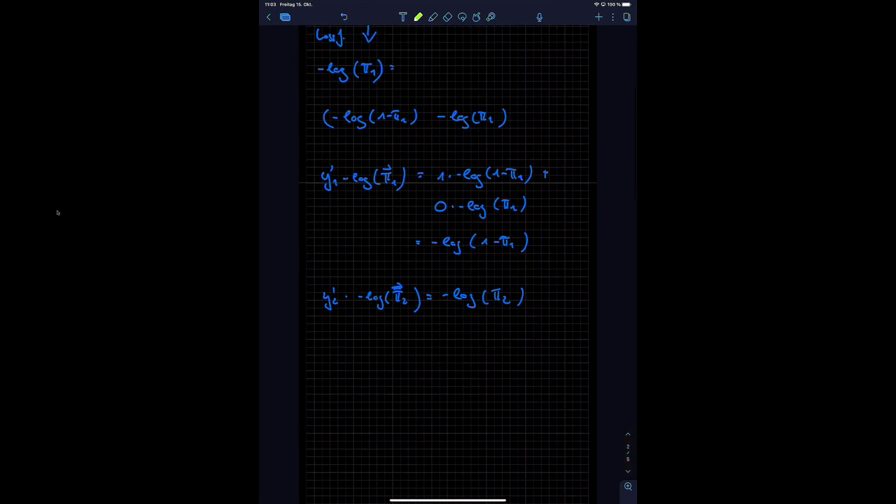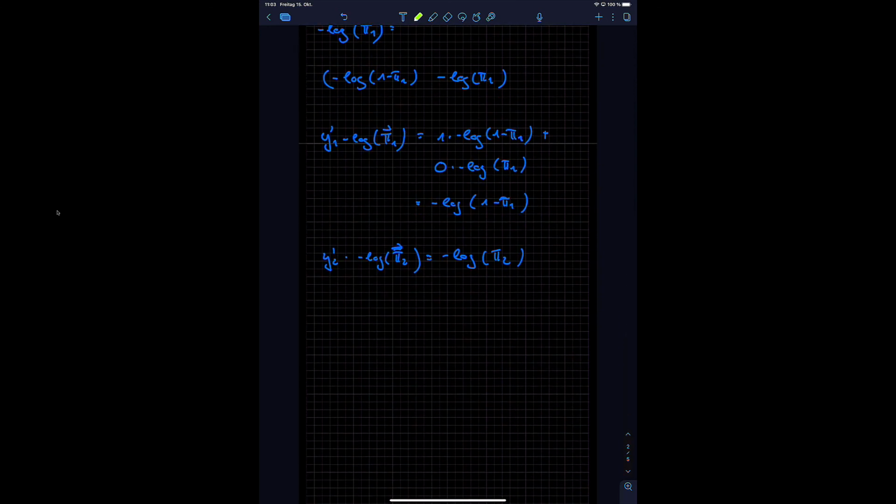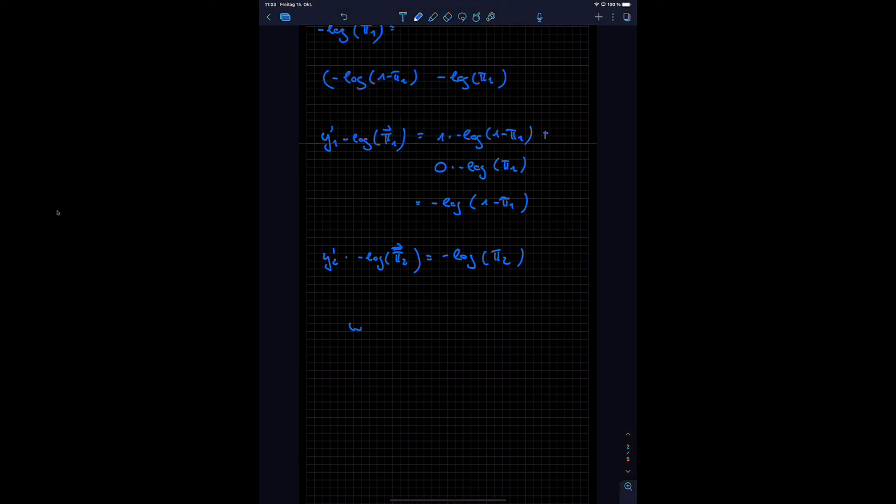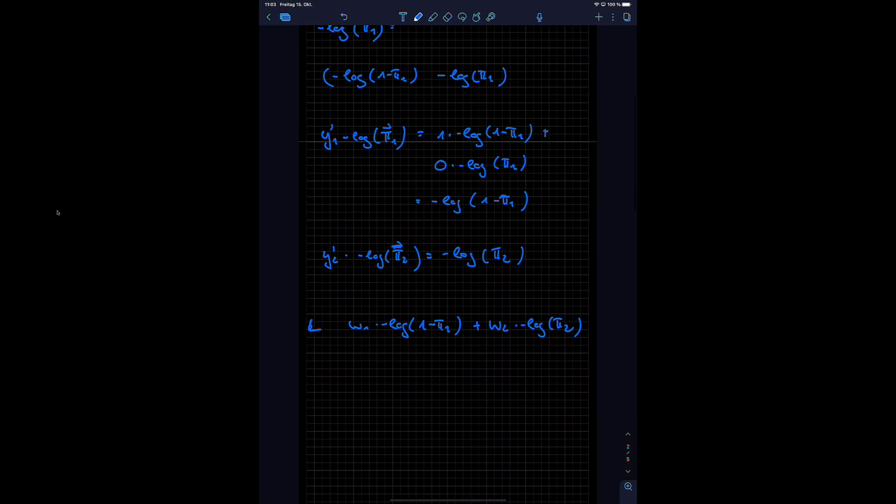Okay, so we are basically using here, so the overall value of the loss function here would be the weighting for the first observation times minus log of the probability estimate that this is a male person, plus the weighting for the second observation times minus log that this person is female. So that will be the loss function value here.